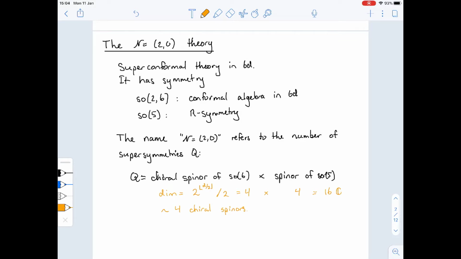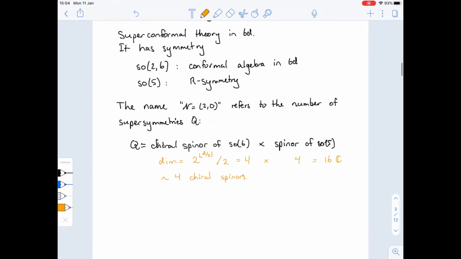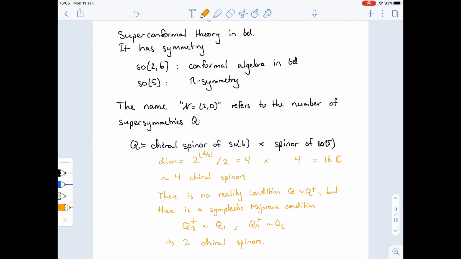In 6D, because we are in even dimensions, the spinors can be decomposed according to their chirality, and Q is in the chiral representation. This has 4 complex dimensions, and because there are no real spinors in 6D, we count the number of complex dimensions. There is, however, a reality condition that matches Q's by pairs, and it's known as the symplectic Majorana condition. We are left with 2 chiral spinors and 0 antichiral, hence the name (2,0).